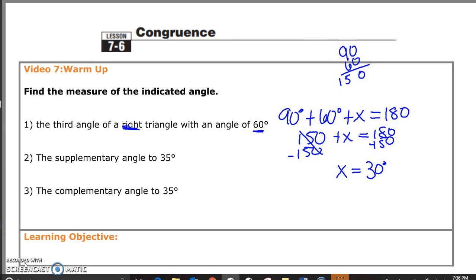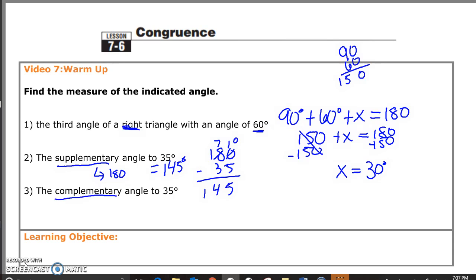Number 2, the supplementary angle to 35 degrees. Supplementary means it adds to 180. So 180 minus the 35. So the supplementary angle is 145 degrees. And then complementary means the angles add up to 90 degrees.